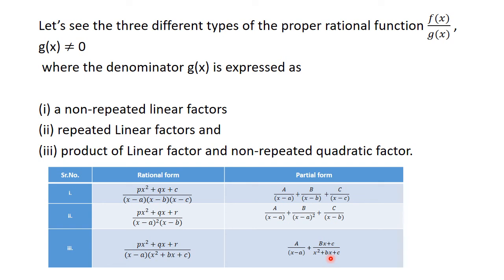Now these are three possibilities regarding the denominators for the rational forms, and by considering these possibilities, convenient formats of the partial form are given. So we will see some examples.